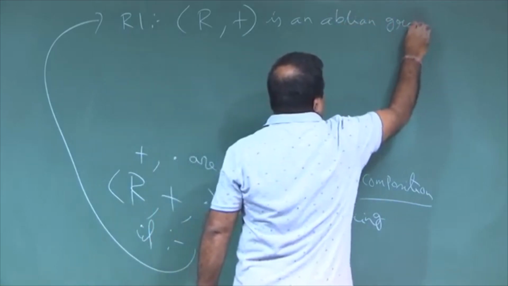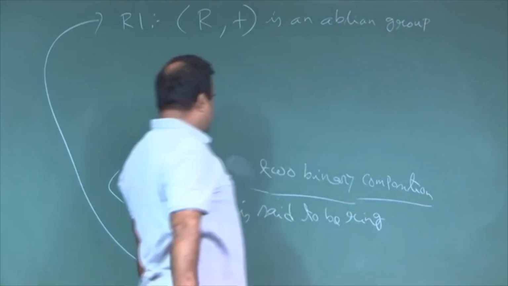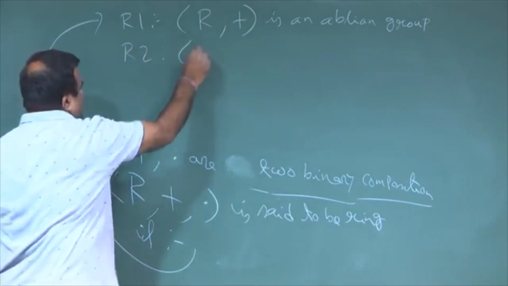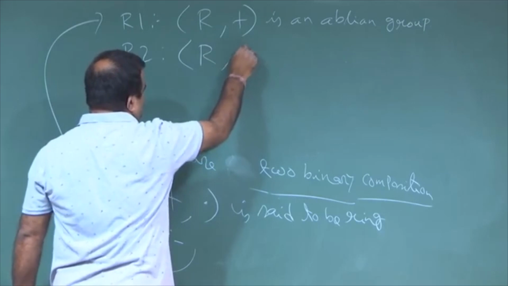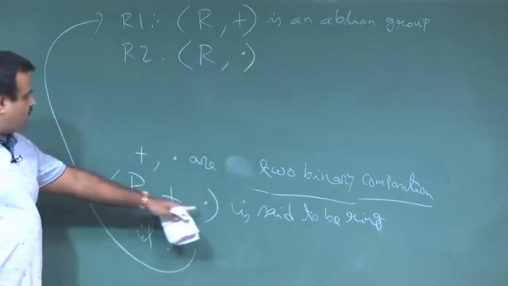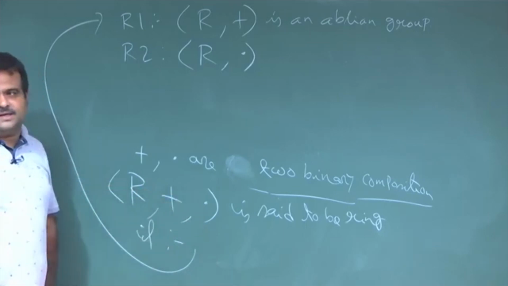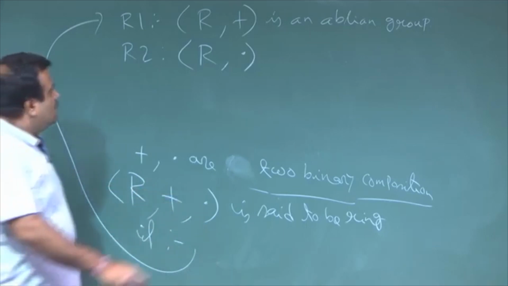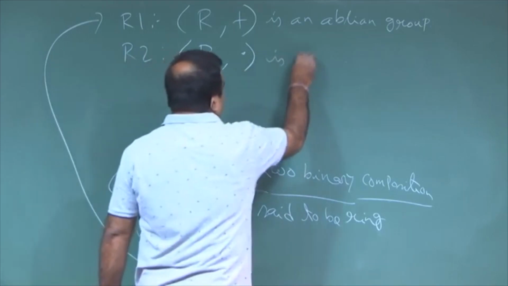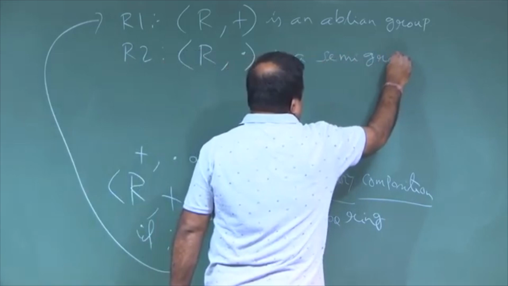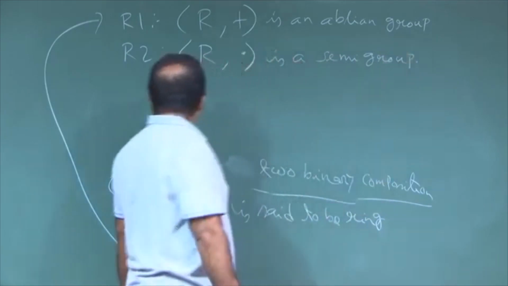And the second one is, with the second composition, this dot, which we take in multiplicative sense for simplicity, R should be a semigroup.